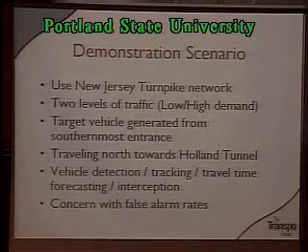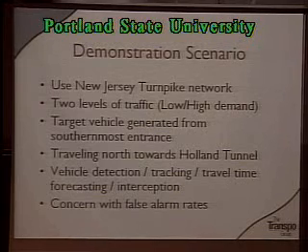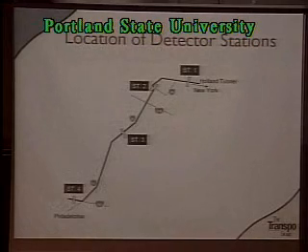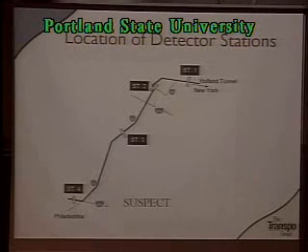The idea was to simulate the process of detecting the vehicles, tracking them, predicting their travel time to reach certain points along the network, and then the interception process. We had 4 stations along this 50-mile freeway segment. Starting from the south, this is where we first identify suspect vehicles.